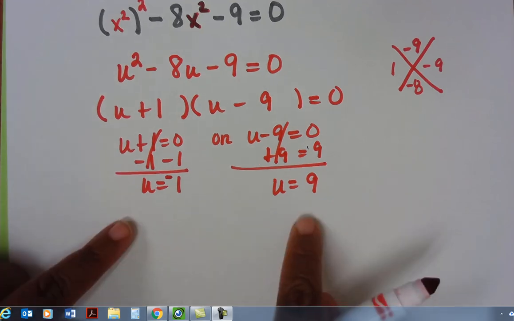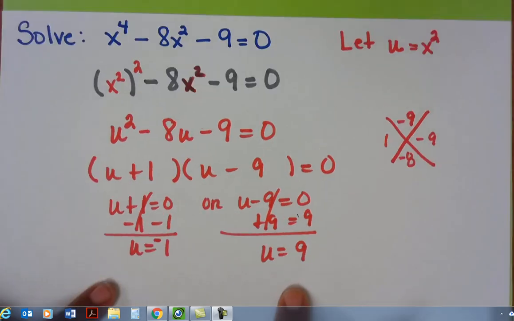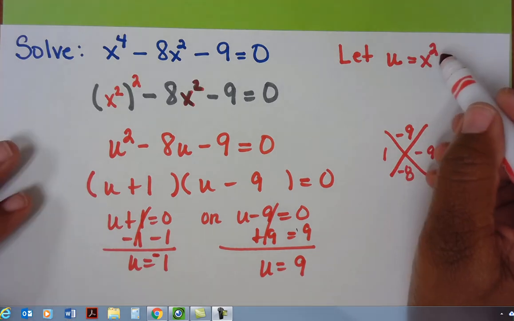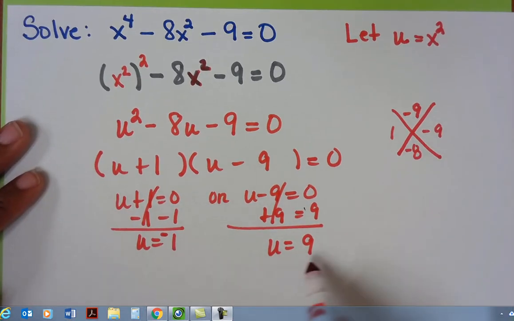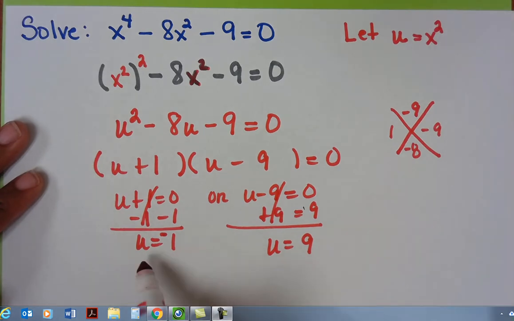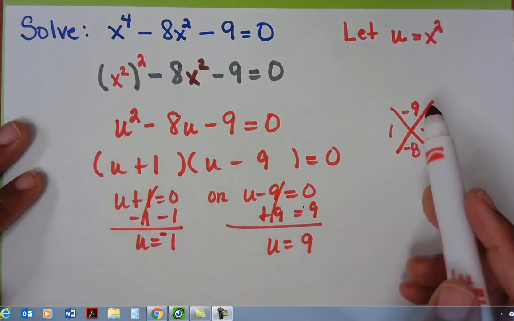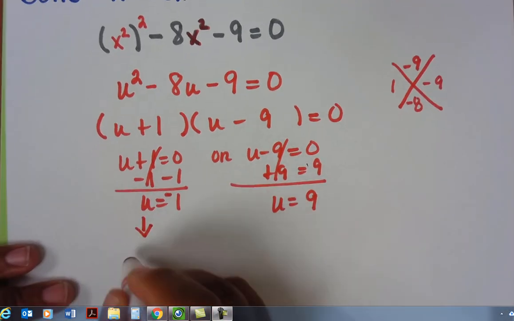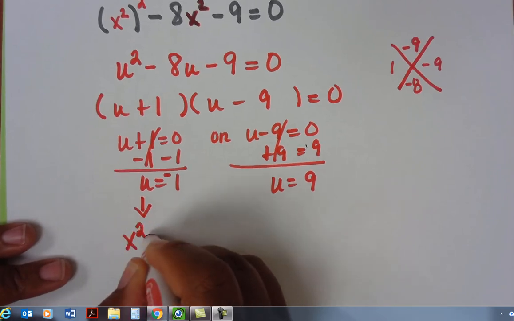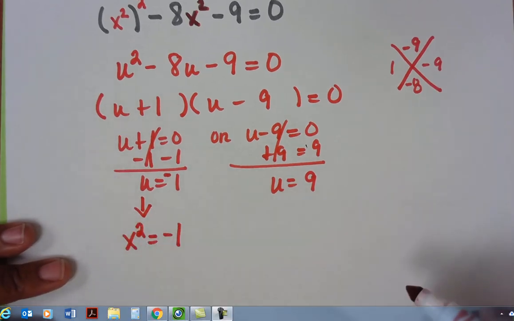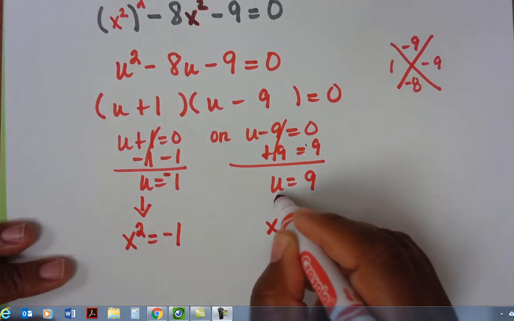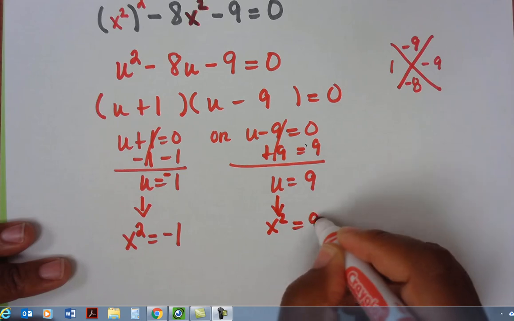Whereas before we said let u equal x squared, we're going to go back to what we solved for in u, and where we see the variable u, we're going to plug in x squared. So here we have x squared is equal to -1, and then we have x squared equals 9.